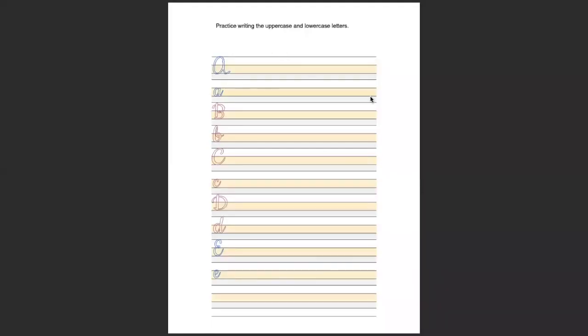Okay. Now I'm going to go back so we can do the writing paper together. Raise your hand if you have any questions right now. Okay. So this is what your writing paper looks like. I made this writing paper for you so that you could practice tracing all of the letters before you practiced writing them.